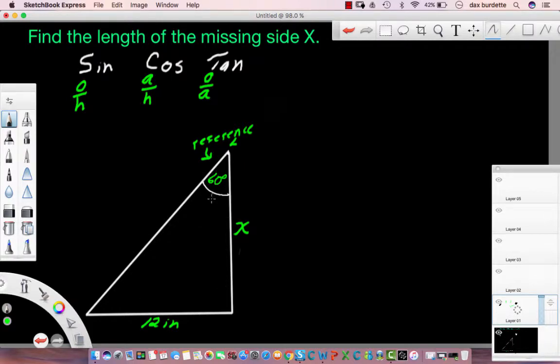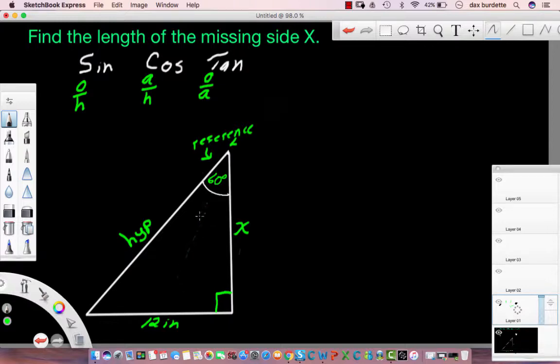Okay, with that said, step 1 will obviously be to utilize our reference angle to figure out what sides are what as far as adjacent, opposite, and hypotenuse. I like to fill in my hypotenuse first because it's the longest side and it's the easiest one to identify. Remember, the hypotenuse is always across from the 90-degree angle. Here's our reference angle. We utilize this to find out what side is considered the opposite and the adjacent.